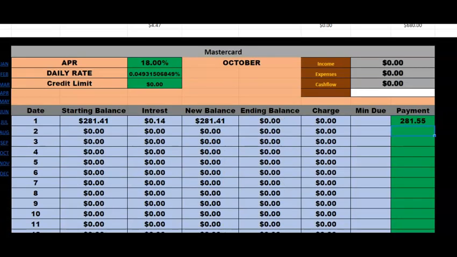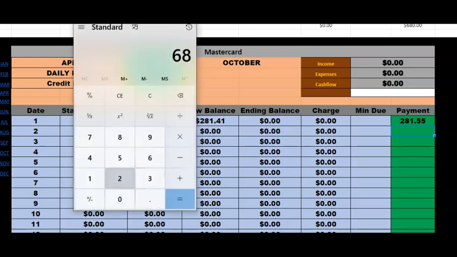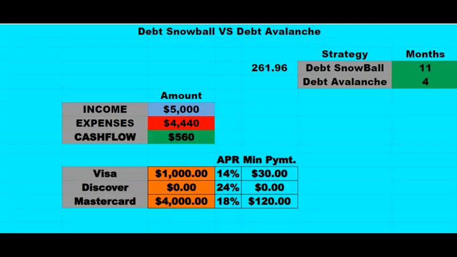So if we take our cash flow of $680 and we subtract the $281.55, we have $398.45 left in the month of October. So the MasterCard is paid off in October.